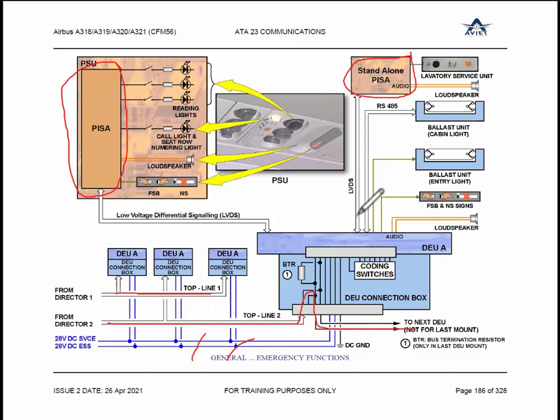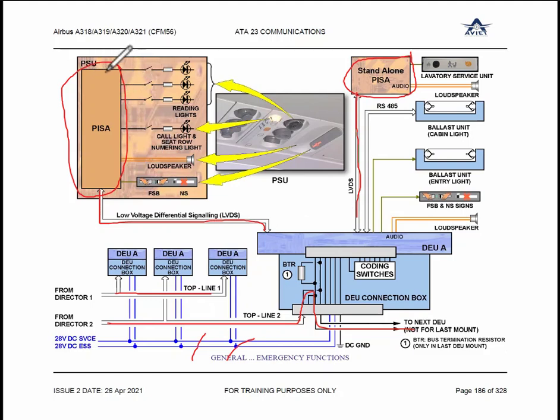So they are connected with the digital communication bus, which is called LVDS, low voltage differential buses. LVDS buses are there for communication purposes in PISA. Same you can find here. So now no more multiple wires going from the DUA to these things.